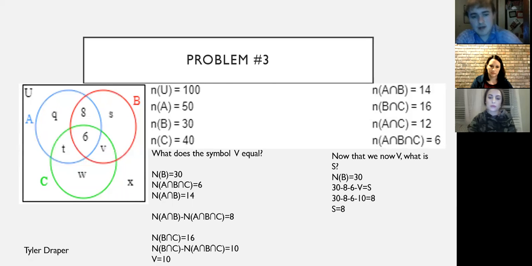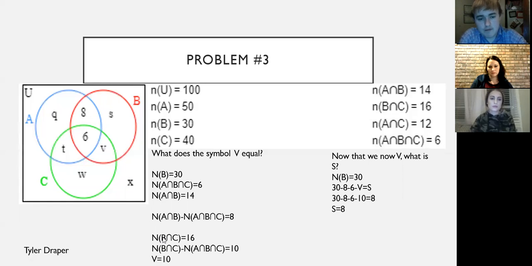Our next step, we see that the intersection of A and B, we'll subtract the 6. So A intersects B, which is 14, minus A intersects B intersects C, which was 6, and we get 8. So we see how we got the 8 that was already given here.